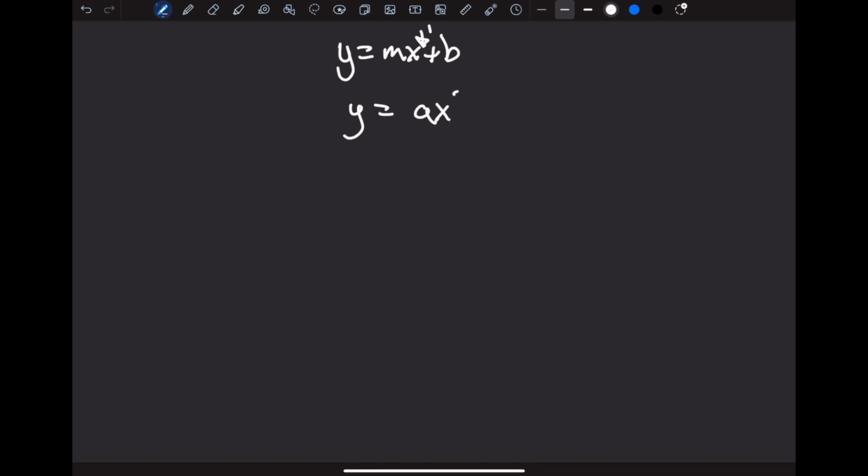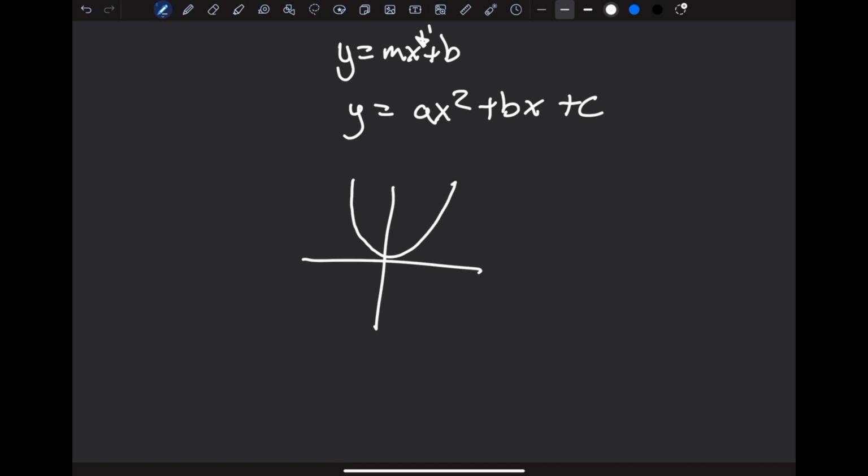y equals ax squared plus bx plus c, quadratic, you could then have, say for the most simple type of graph, a parabola. So let's say that the bottom is at the origin, and this follows the graph y equals x squared. Positive.